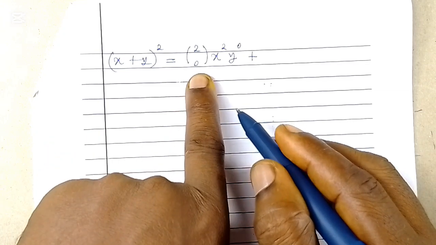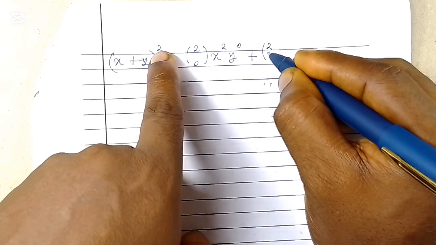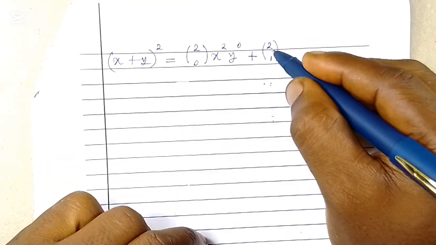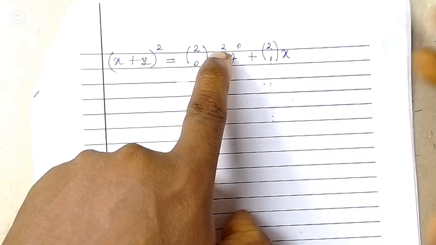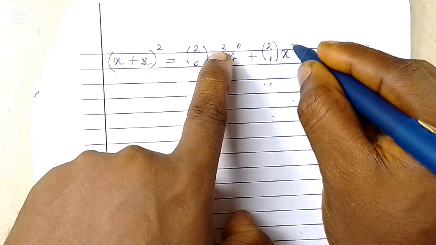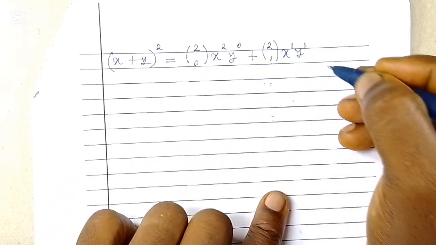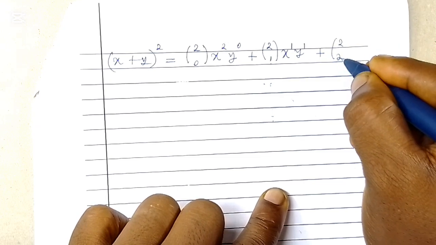The coefficients, remember, are combinatorial in nature. The next coefficient would have 2, the highest power, combining with 1. And 2 combination 1 is what you have here. This will be x, and the other rules are obeyed. It will drop by 1, and this will become y raised to power 1. Plus, the next one will be 2 combination 2.